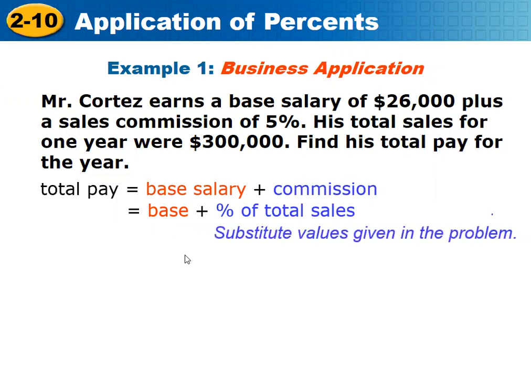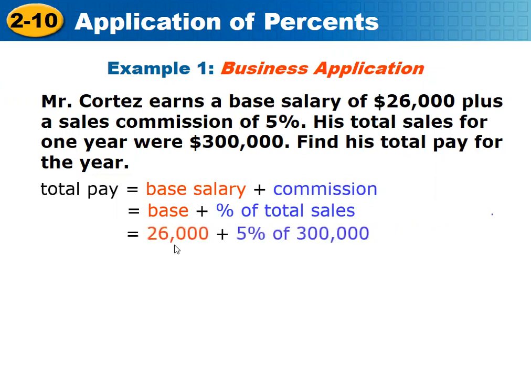Substitute the values given in the problem. This is the base salary, which he gave to us, plus 5% of 300,000. We can calculate this one directly. As I said, we can move only 2 digits to the left. Then write the percent as a decimal. So this one will be 0.05, right? 5%, so change the percent to a decimal.